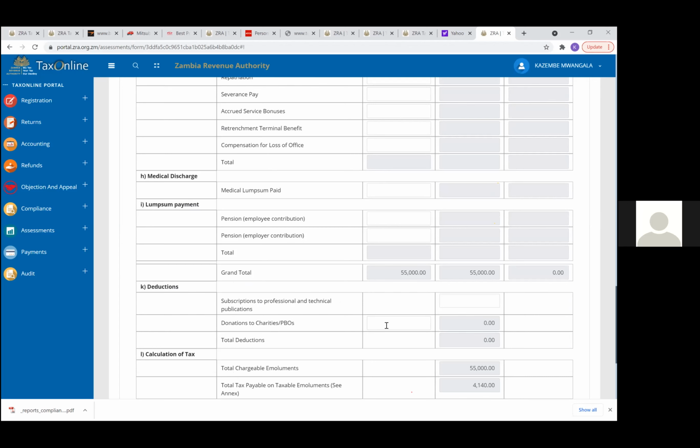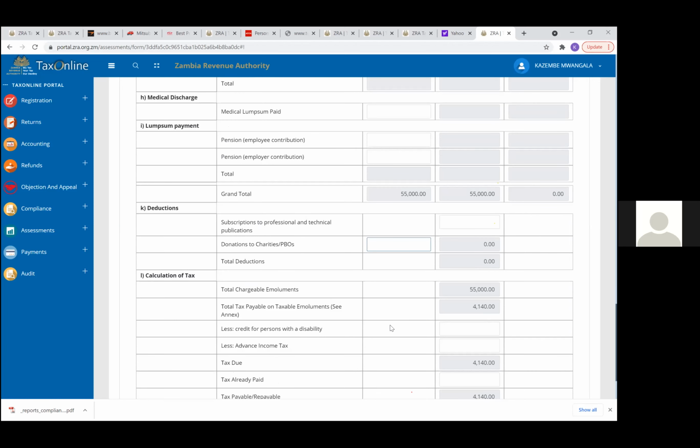So donations to charities or PBOs, this is where tithe now falls in. Like I said, the limit that is given in the law for a deduction is 15%. If you return tithes, like those who return what they call first and second tithe, probably you will return 20%, some even in excess.